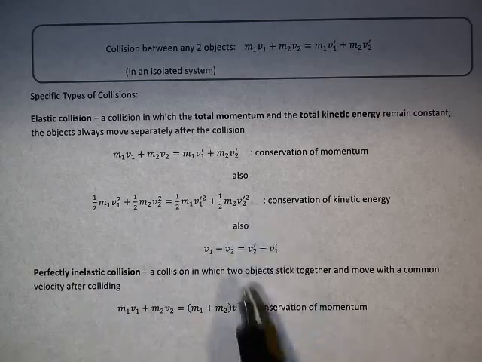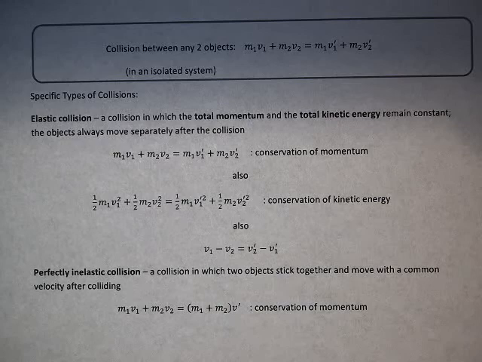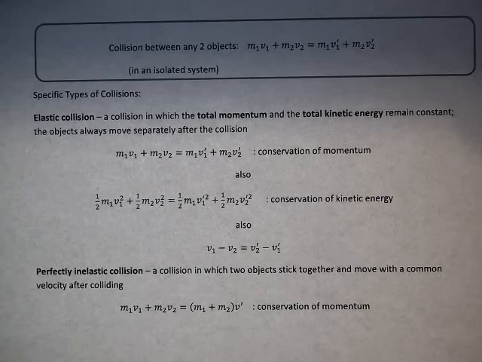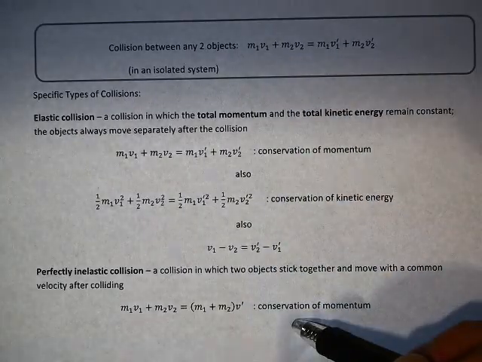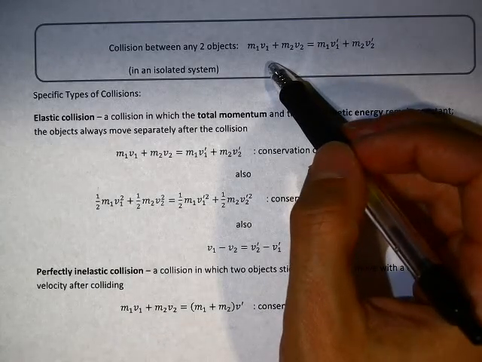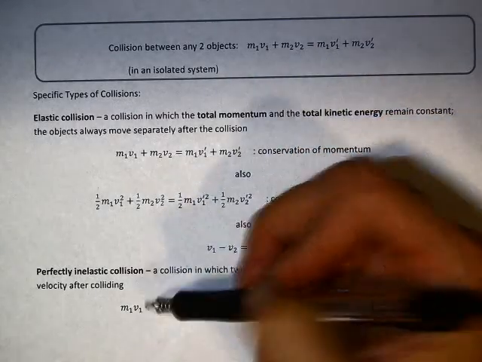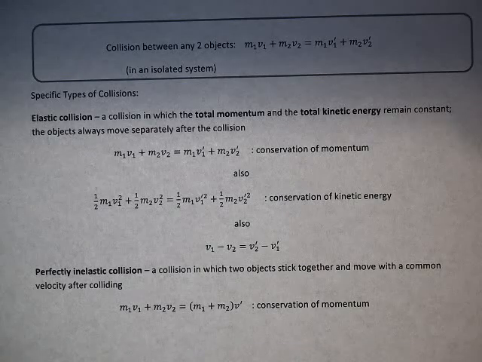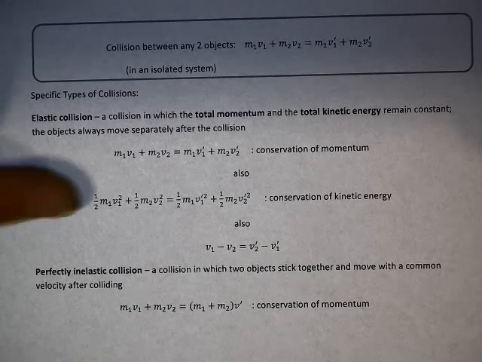So we can practice using these equations. We will begin looking at an example of each of these, a collision where it's neither elastic nor perfectly inelastic, and then one of these two, and practice using the equations.